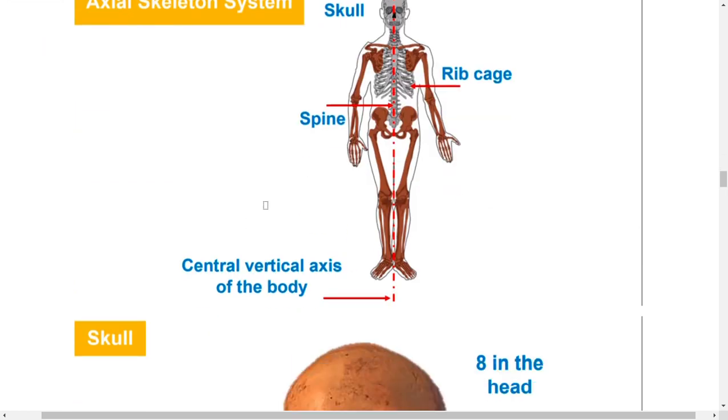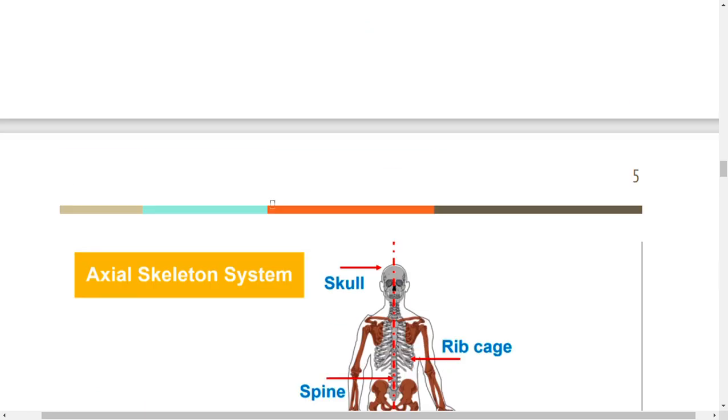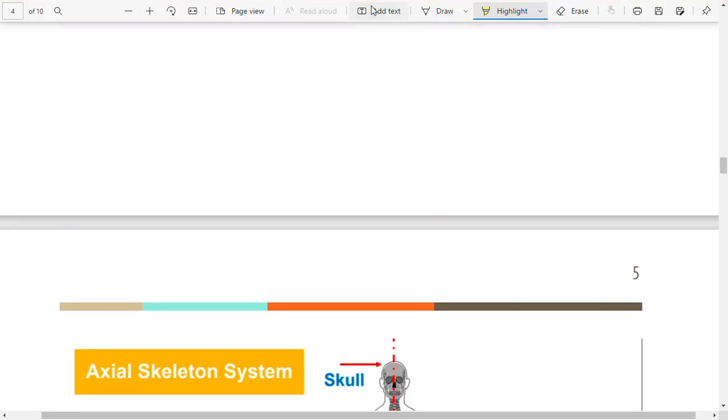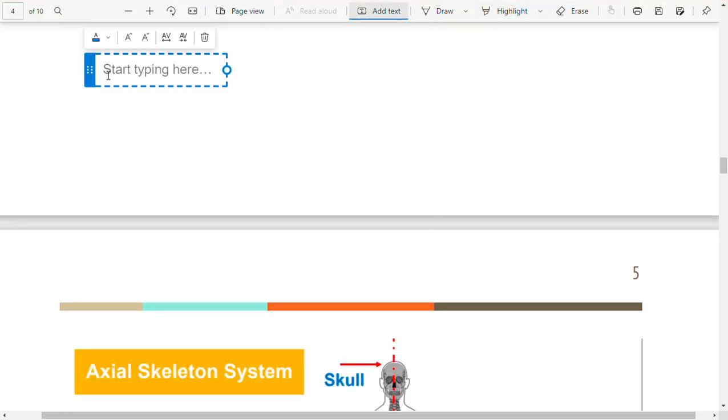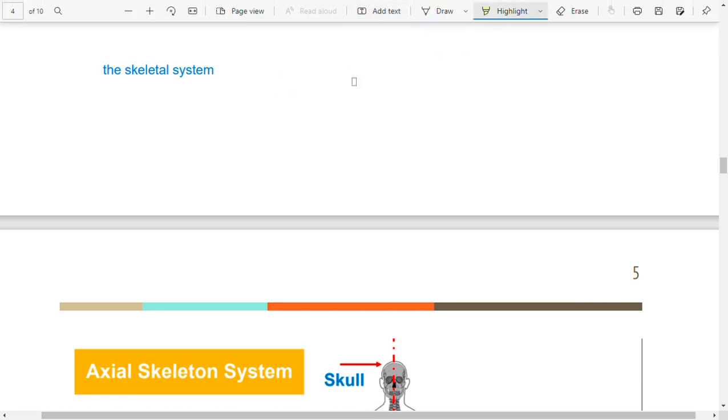Now let's learn about the axial skeletal system. Let me add the text here, I think I have missed it. The skeletal system is divided into two parts.